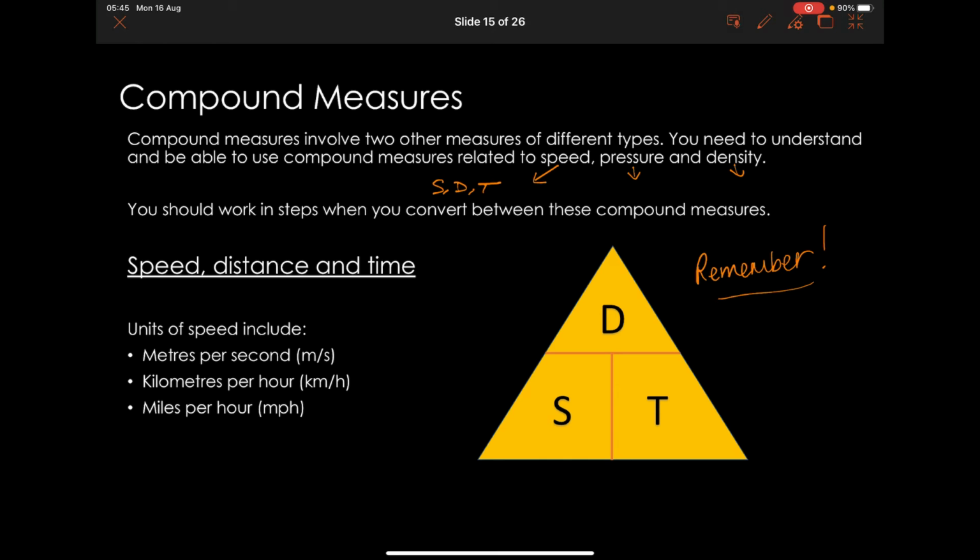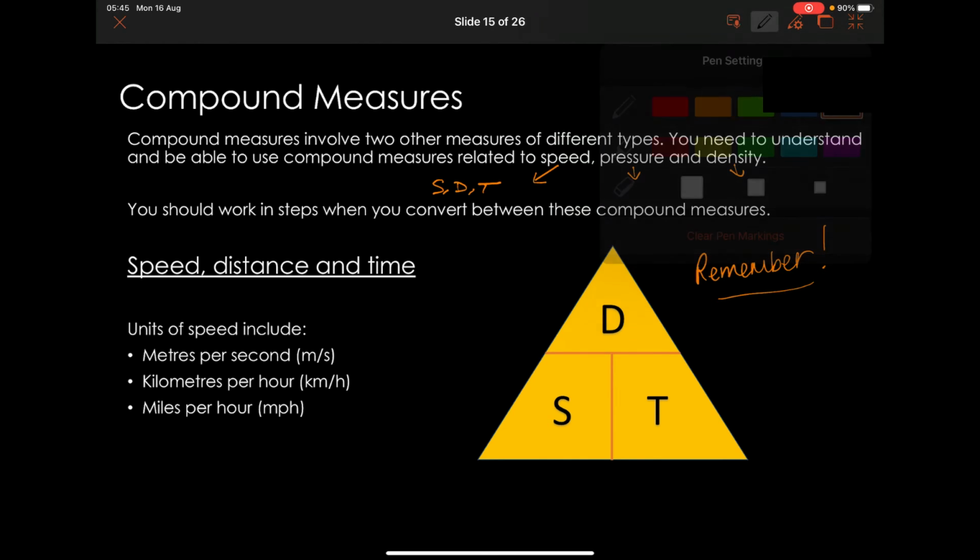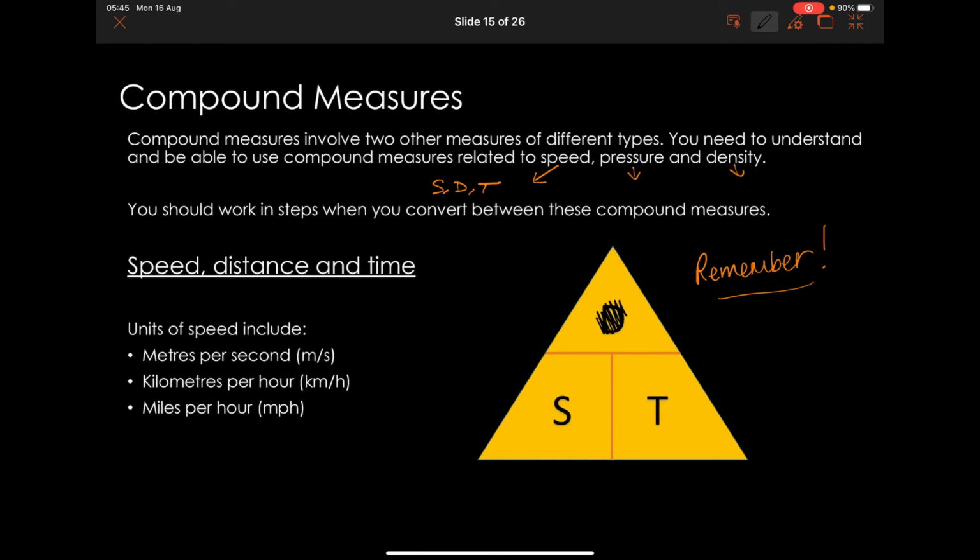And what you need to do is, when you're asked to do different things, for example if you're asked to work out the distance, we cover the distance over, which then means you do speed multiplied by time. So distance equals speed multiplied by time.